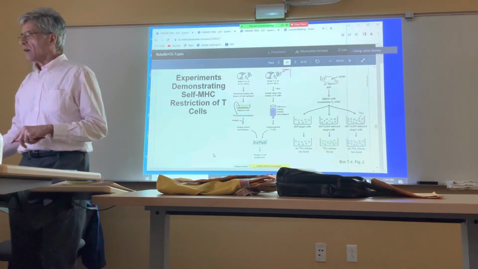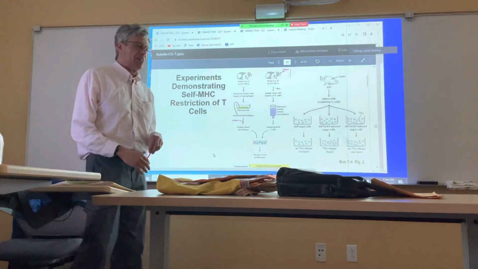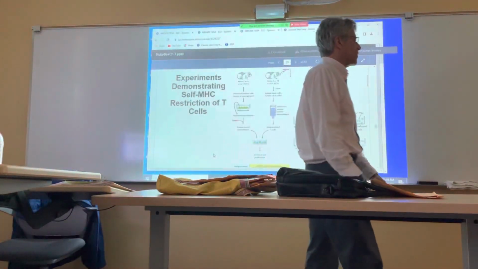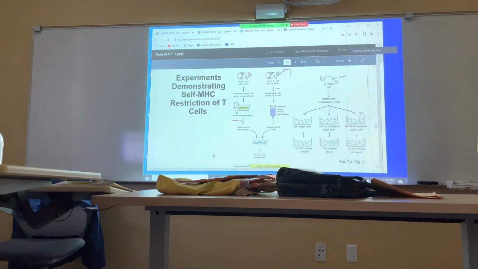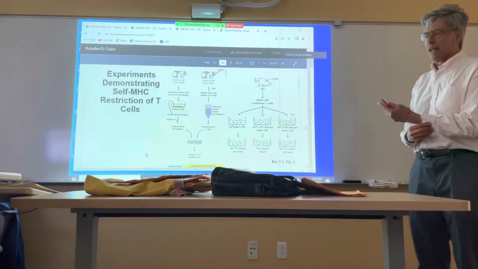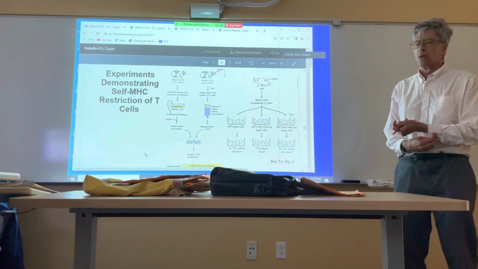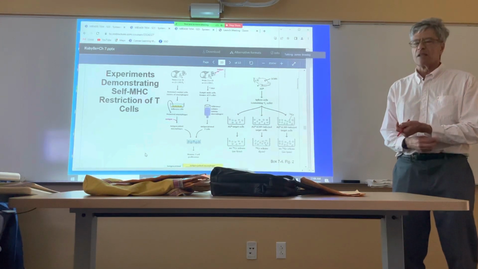And so this mouse infected with LCMV, lymphocytic choriomeningitis virus, has a big history in basic science, basic immunology. I'm not sure how much of a concern it is health-wise.